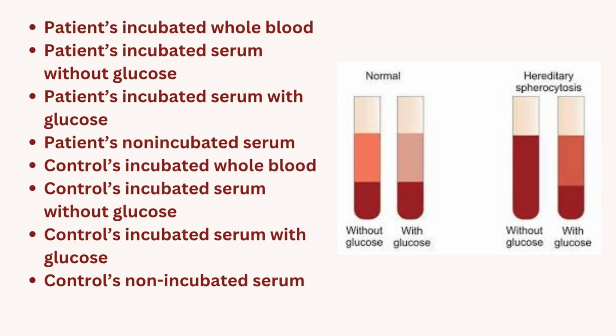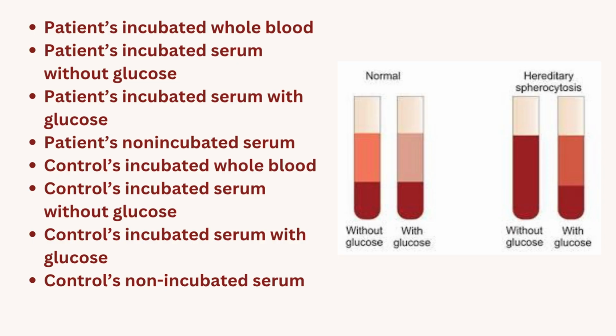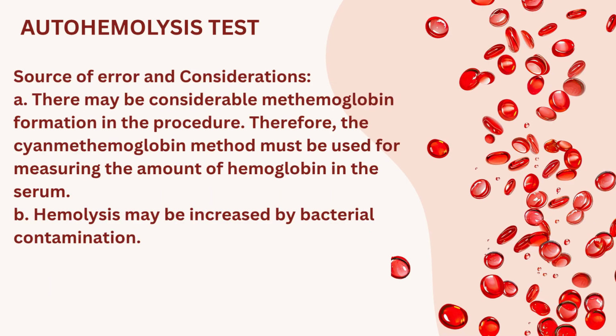So in hereditary spherocytosis, as you can see in this picture, without glucose, the hemolysis is greatly increased. And the hemolysis with glucose has been reduced in hereditary spherocytosis. So in pyruvate kinase deficiency, there is increased hemolysis in both specimens.